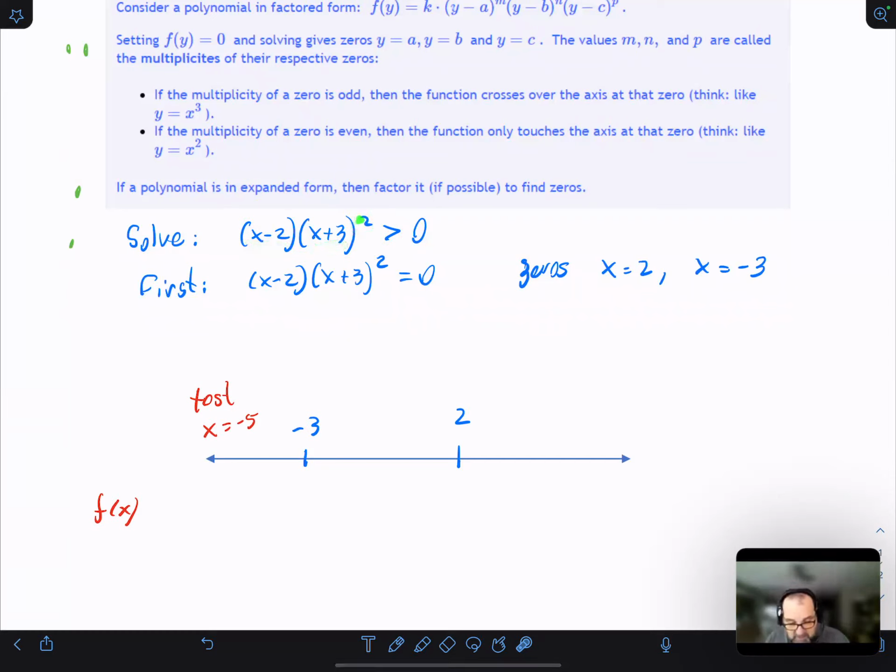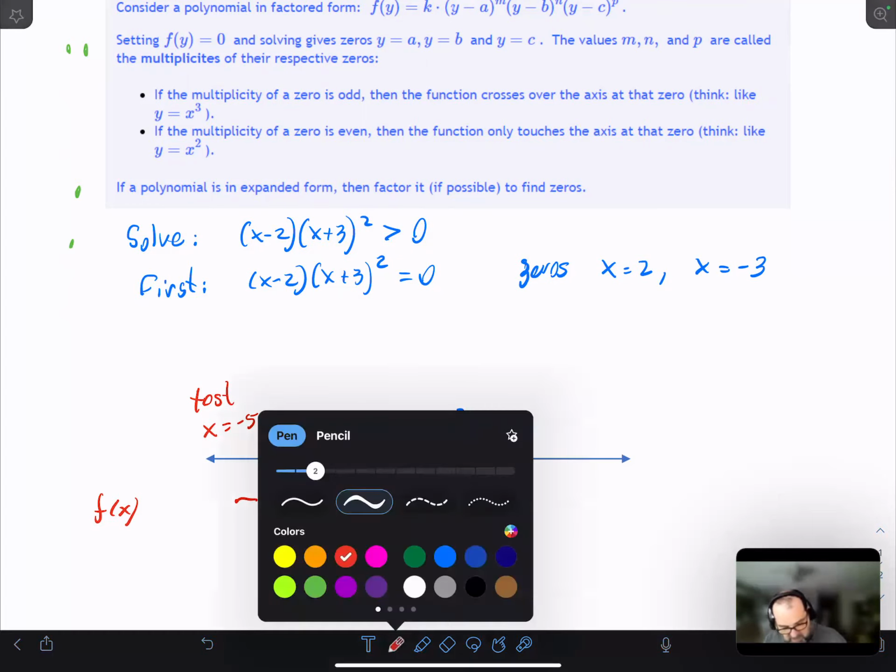Squaring makes this a positive factor, this a negative factor, and a negative times a positive is a negative. So on that entire interval from negative infinity to negative 3, this polynomial is negative, below the axis.